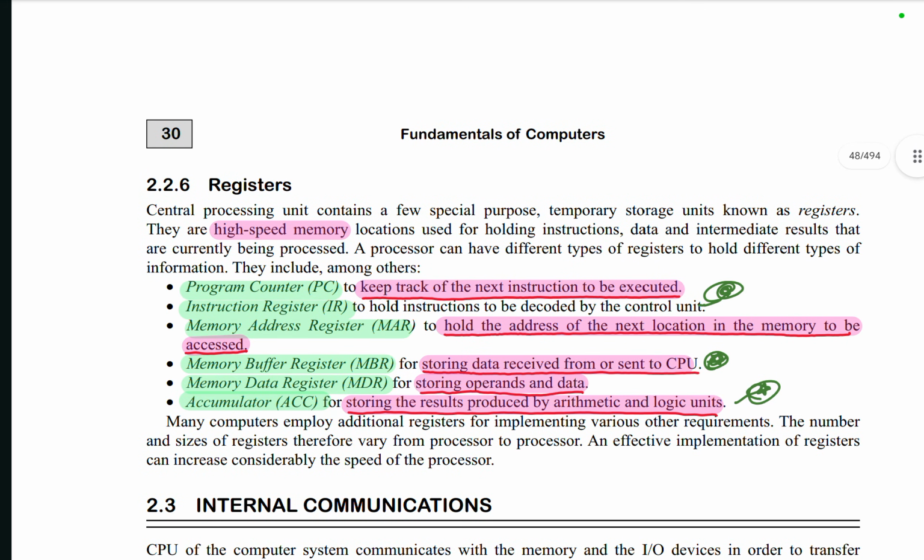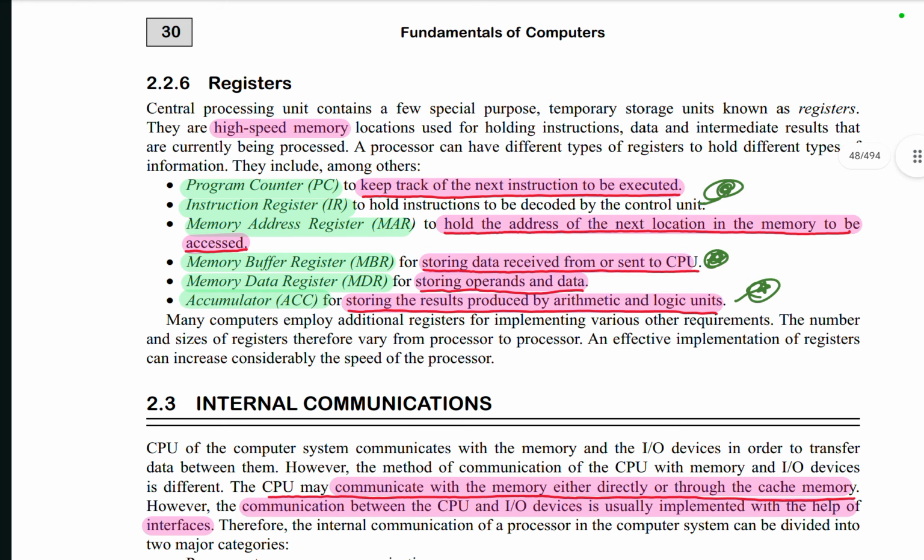Registers are high speed memory. They include, among others, registers that hold different types of information. Program counter, PC, keeps track of the next instruction to be executed. Instruction register holds the instruction to be decoded by the control unit. Memory address register, MAR, holds the address of the next location in memory to be accessed.